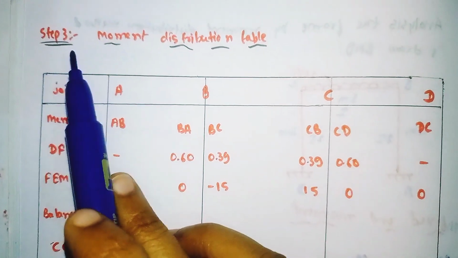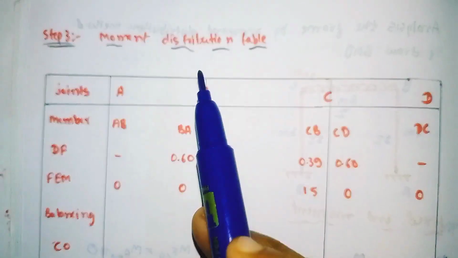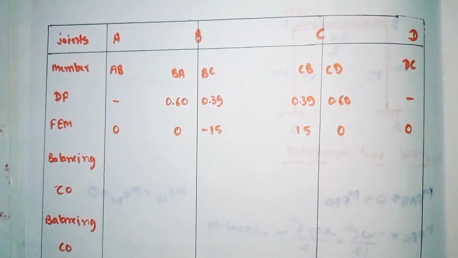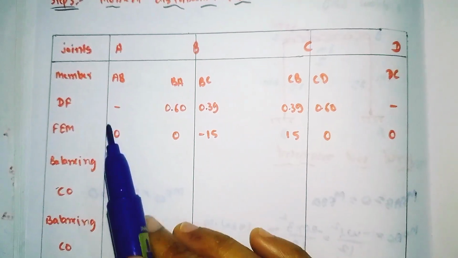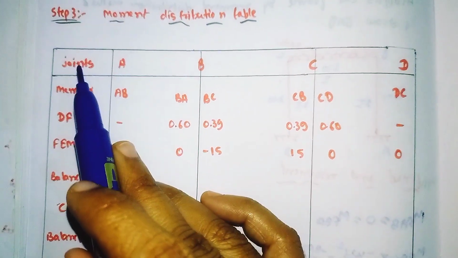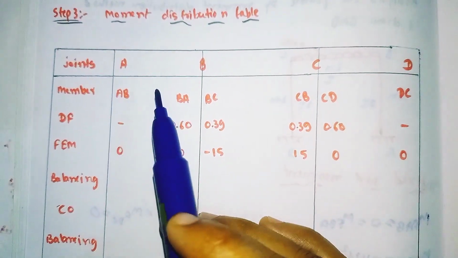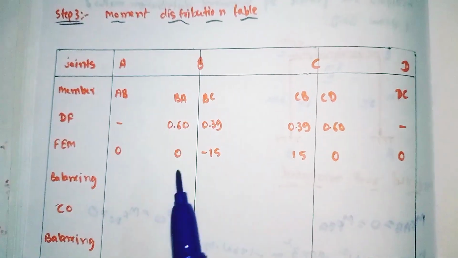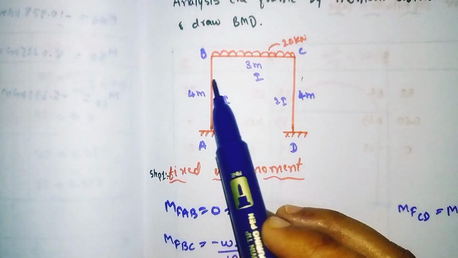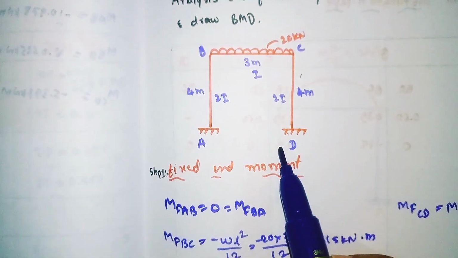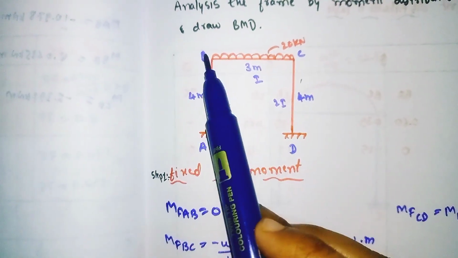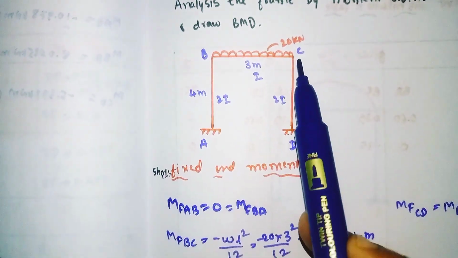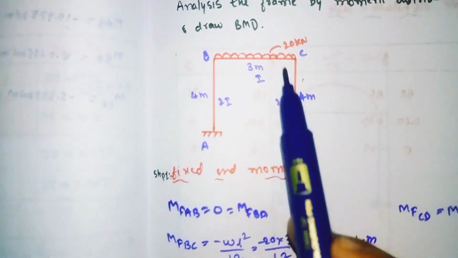So our step 3 is to find out the moment distribution. So this is the moment distribution table. This is how we have to draw this table. This first row has the joints. So in our frame we have the 4 joints, that is A, B, C, D, and for A we have the member AB, and for B we have the members BA and BC, and for C we have the members CB and CD.